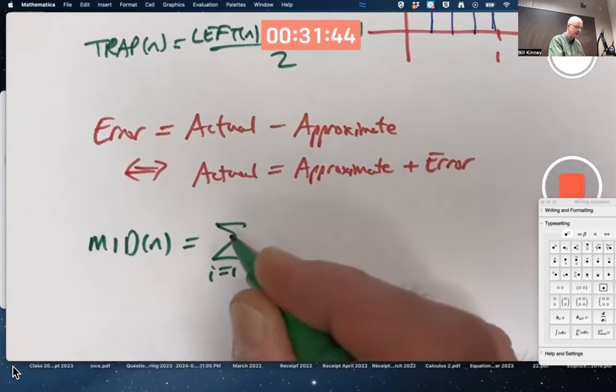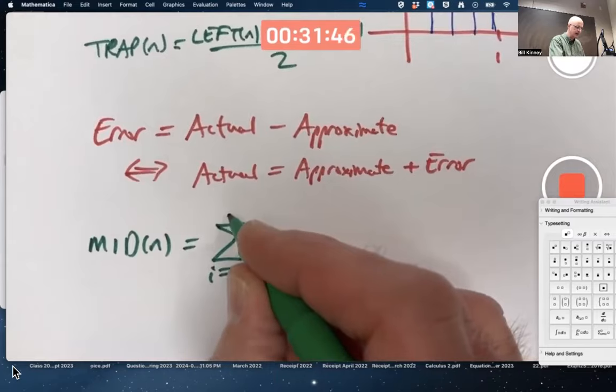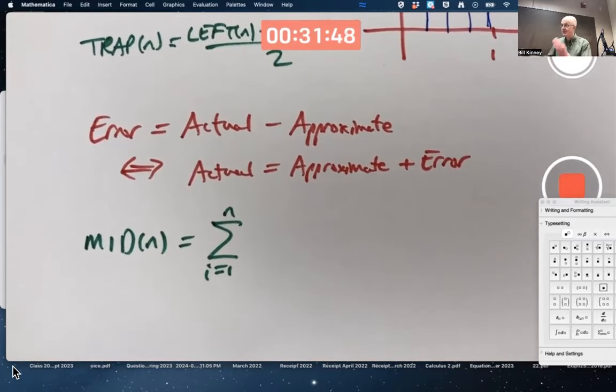It's initially defined to be a sum of areas of rectangles, just like the left and right hand rules are. But with the midpoint rule, for each interval, instead of taking the left endpoint or the right endpoint to determine the height of the approximating rectangle, you take the midpoint, the point in the middle of each interval. Plug that into the function to determine the height.